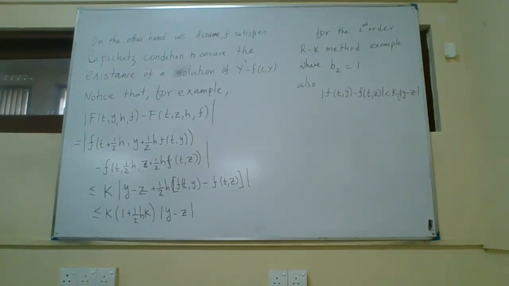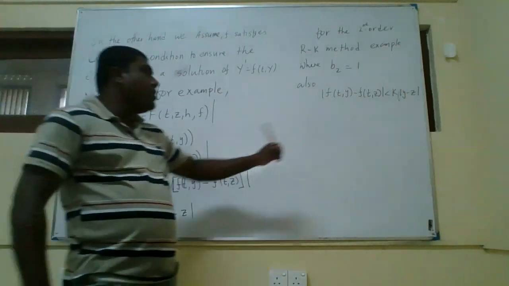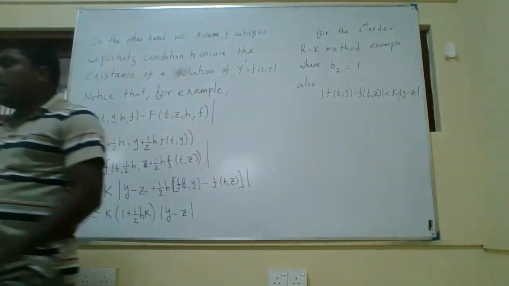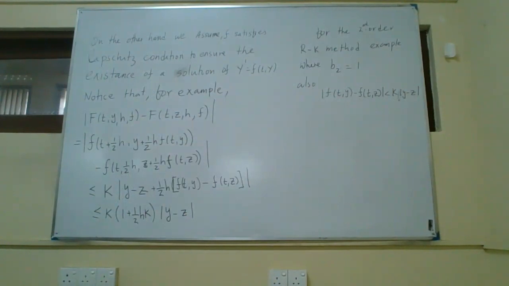Okay, so what we do is we know that we have to assume that the function capital F should satisfy a Lipschitz condition in order to guarantee the convergence of the numerical method, right?